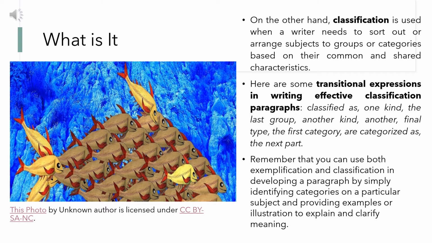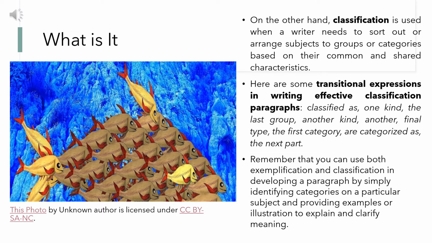Okay, so for you not to forget the exemplification and classification type of paragraph, always remember the image of the school of fish. And what does it tell us? The grouping of ideas after having a topic sentence. So topic sentence, supporting details, transitional expressions.